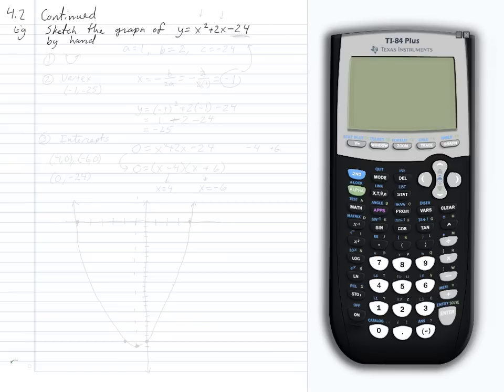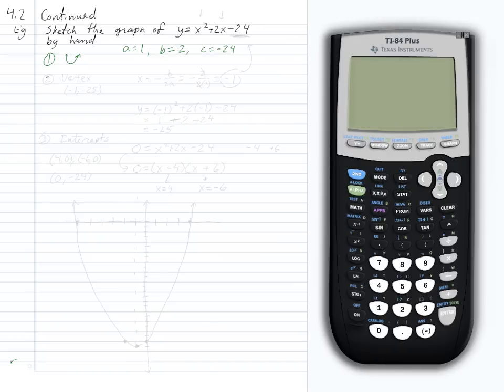Okay, so here we see another parabola that we would like to graph using that same procedure. First, we'll determine the concavity, and we see that a equals 1, b equals 2 in this case, and c equals negative 24. So our concavity determined by a is going to be upwards, so we have an upward opening parabola.